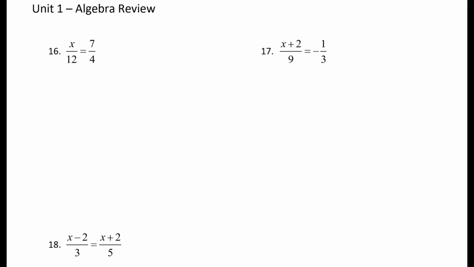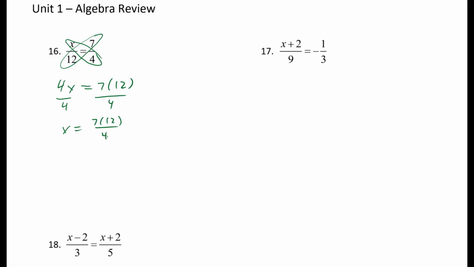Whenever we have proportions, these next 3 problems are proportion problems. You have a fraction equals a fraction. Often a quick way to start it is to do the cross multiplication, because the cross multiples will equal each other. So 4 times x is 1 cross, and that will equal 7 times 12. And again, the goal here is to get x by itself, and so we can divide both sides by 4 to get x equals 7 times 12 over 4.